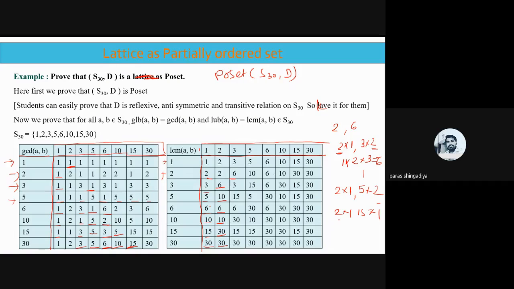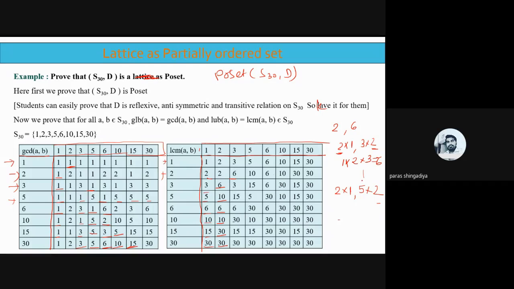Okay, that will be the same also. And now the third row is 3. So the LCM of 3 with 3 will be 3. 3 with 5, so 3 into 1 and 5 into 1. So that will be 3 into 5 into 1. Clear? So it is 15. And then after that, 3 with 6, the answer is 6. 3 with 10, okay, the LCM of 3 and 10.